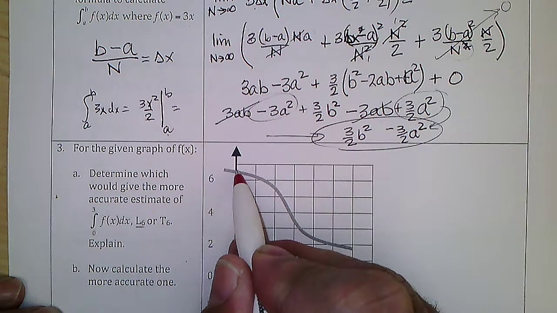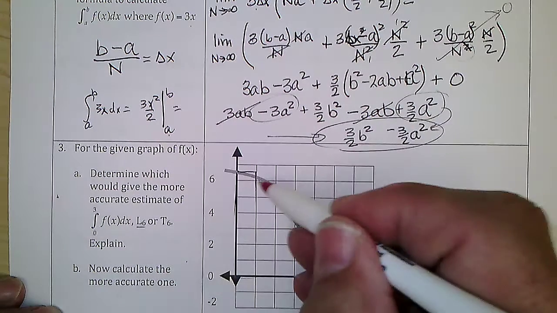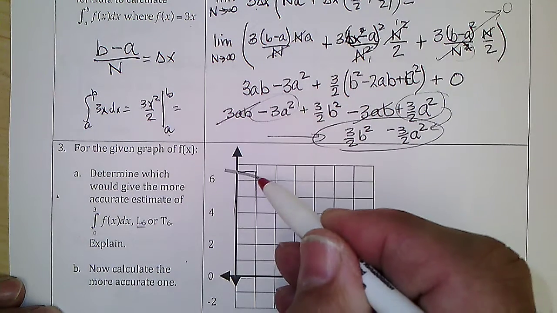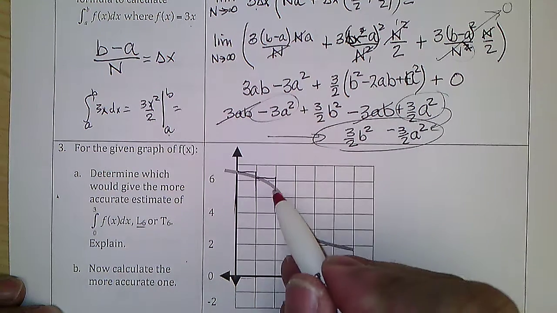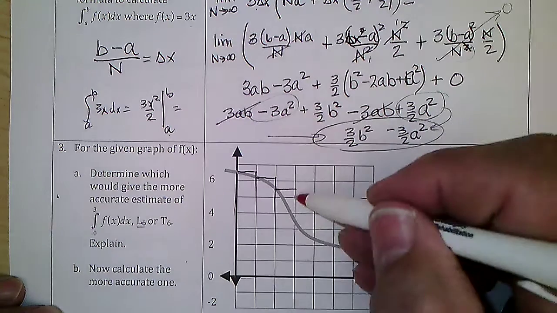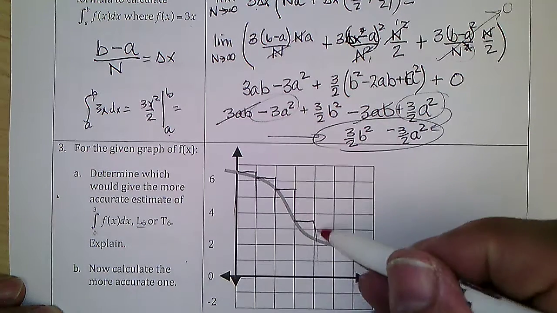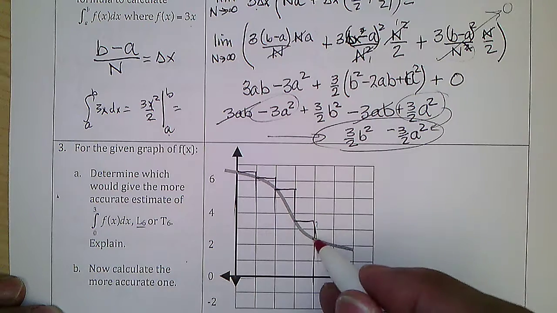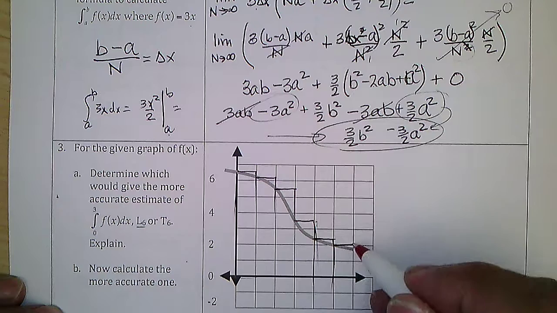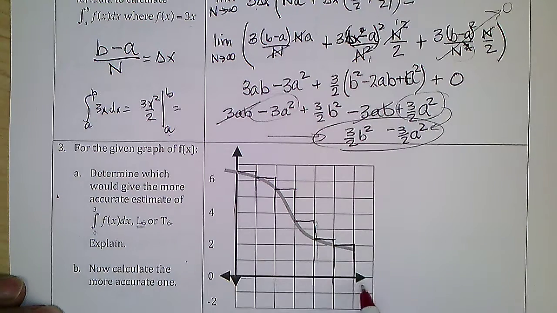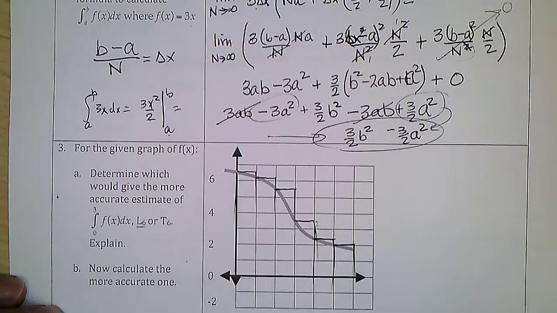So I'd go from the left side over and make a rectangle, from the left height over and down, and again from the left height over and down, for each one. L6 would be the area under each of these rectangles. And you can see we're adding extra on.